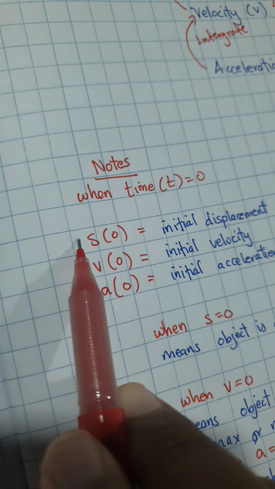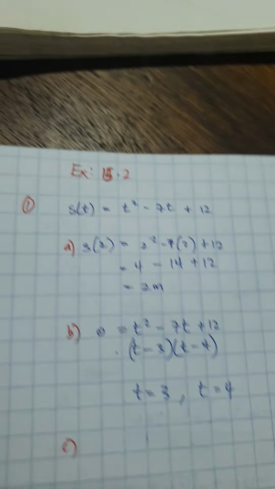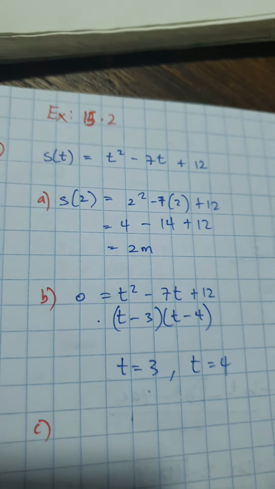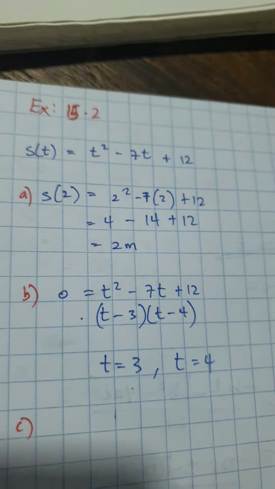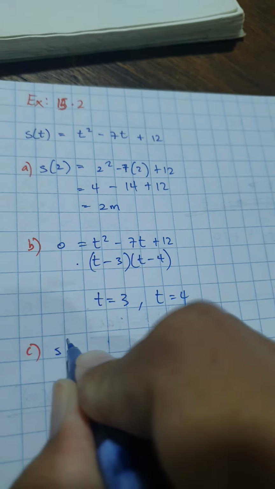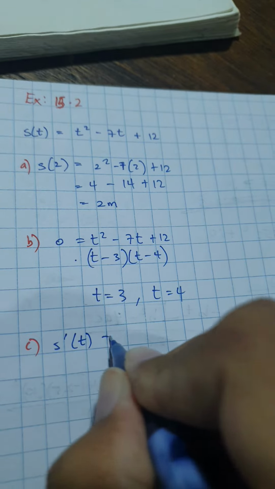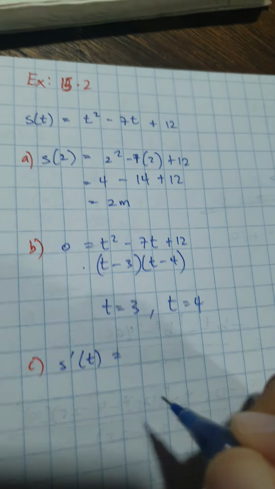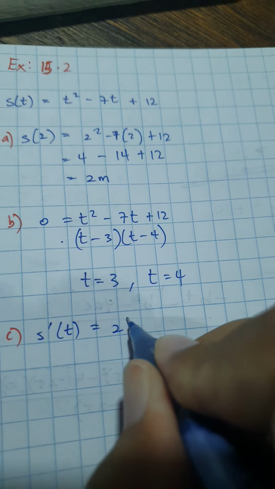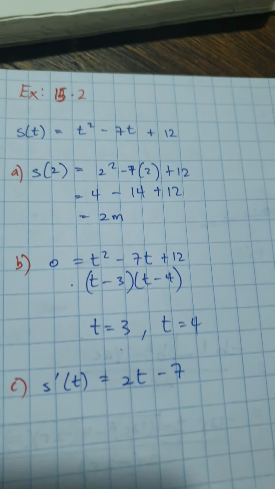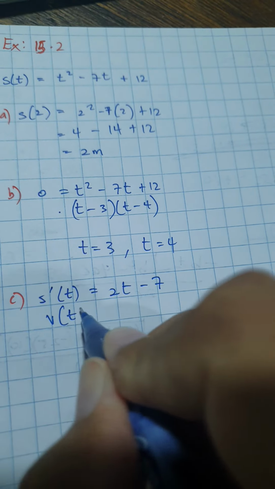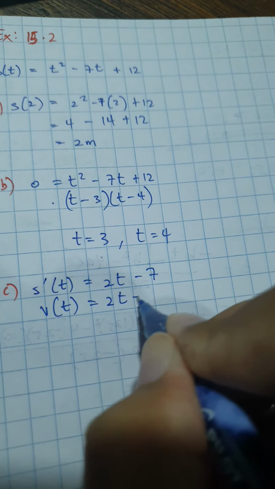This is the formula for distance, so how do we get the formula for velocity from it? We differentiate. If we differentiate the formula, we get the formula for velocity: 2t minus 7. So the formula for velocity equals 2t minus 7.